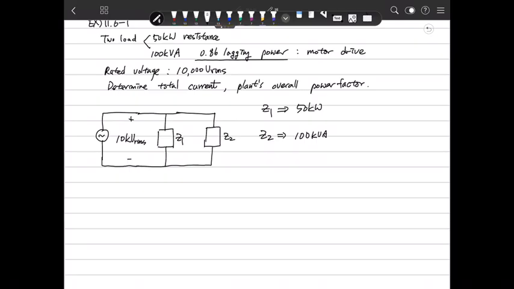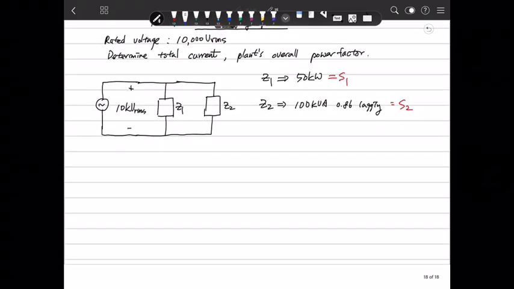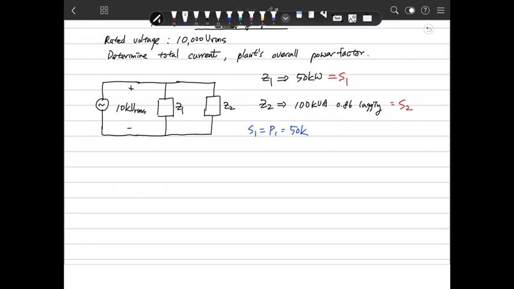So we need to know that this is S1, and this is S2. S1 is very simple, right? This is only P1, the 50 kilo. And S2 is a little complicated.